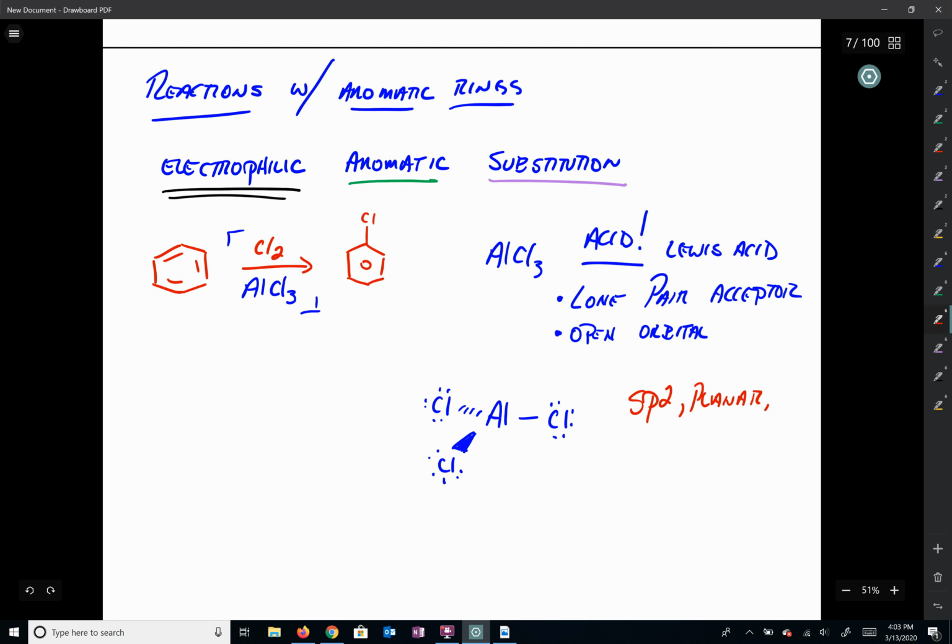And because it's sp2 hybridized, it has an unhybridized p orbital. That unhybridized p orbital is sitting above and below the plane of the chlorines there. The chlorines are basically in a triangle, with the chlorines and the aluminum all in a single plane. Then we have this open p orbital sitting above and below, and that is going to be where the lone pair is accepted. Okay? So something negative is going to bind to that aluminum.